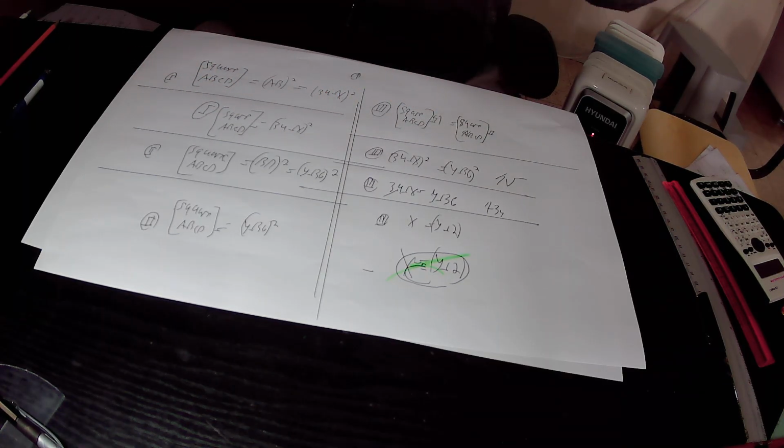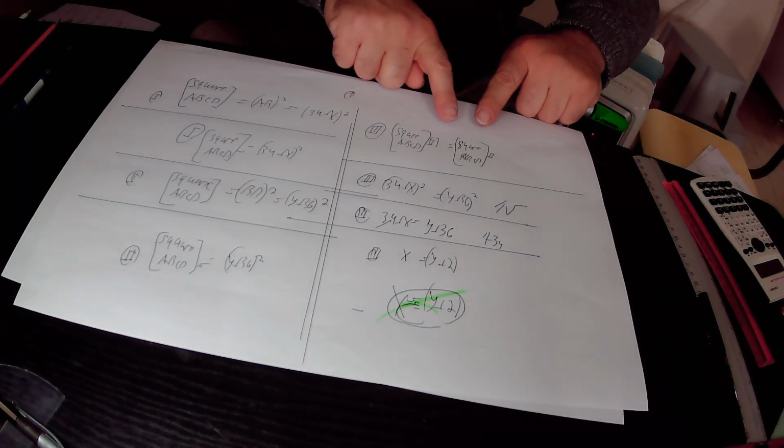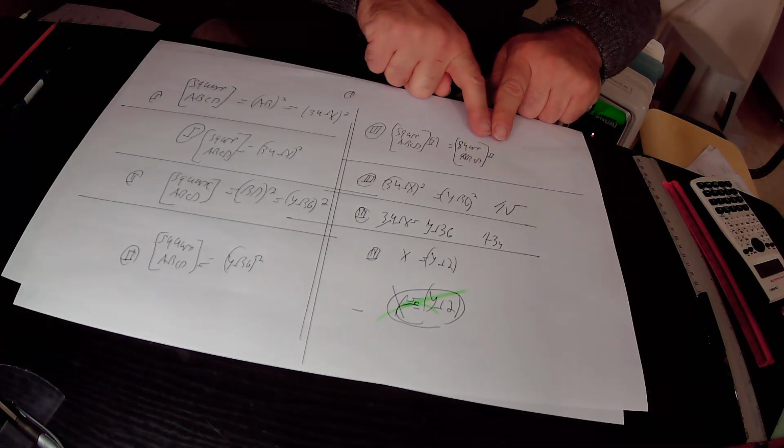So we have two equations, equation 1 and equation 2, for the area of square ABCD. Therefore, we create equation 3, which states that the area of square ABCD according to the first method of calculation must be equal to the area of the same square according to the second method of calculation.